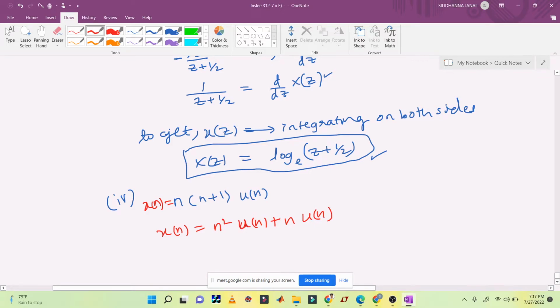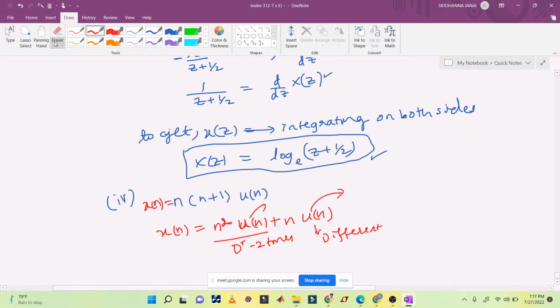What is n? Multiplication by ramp. Here ramp square. So this is nothing but differentiating twice, whereas this one is differentiating 1 time. What to differentiate? The z transform of u of n.